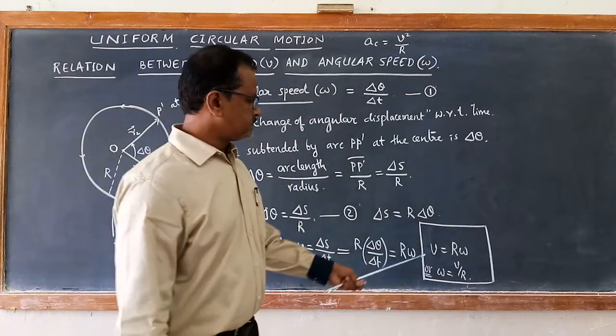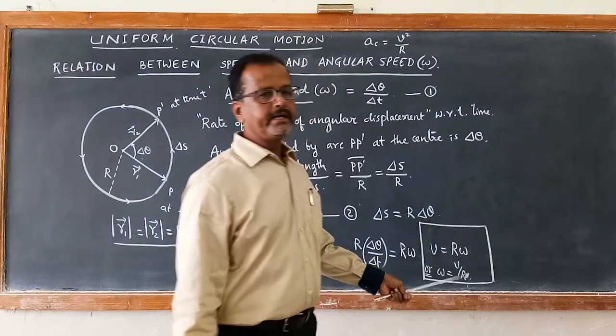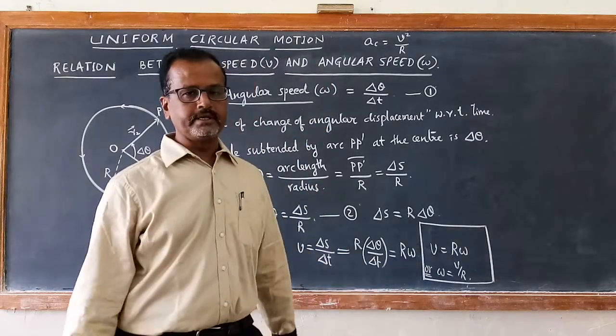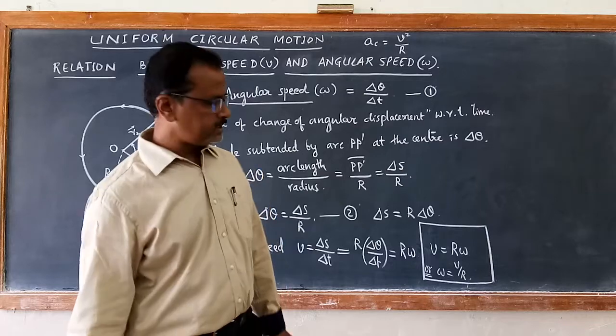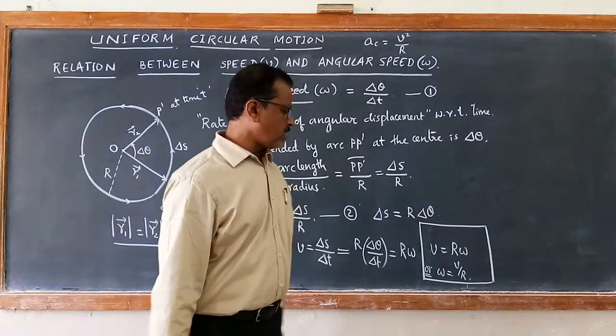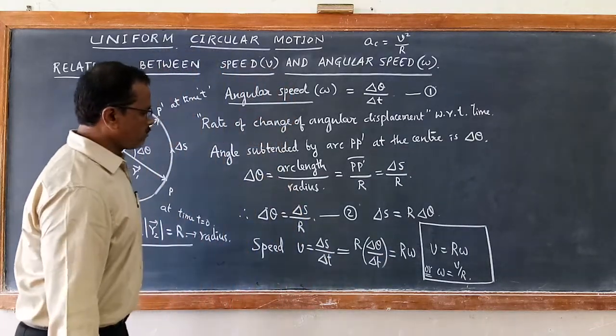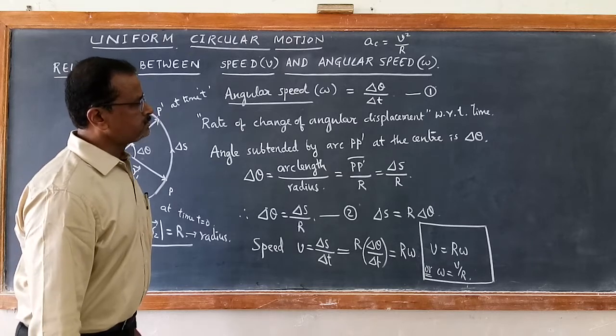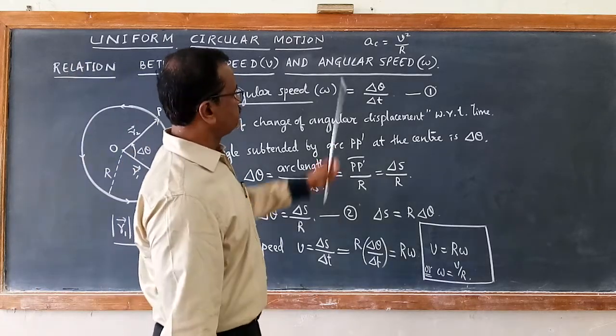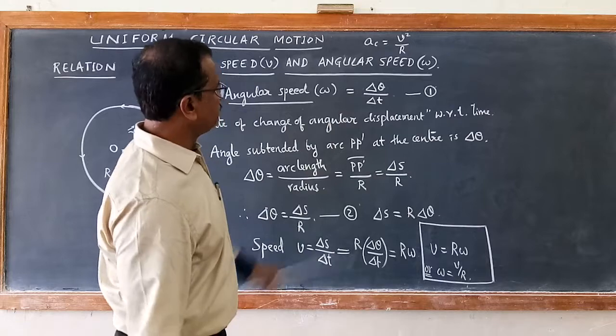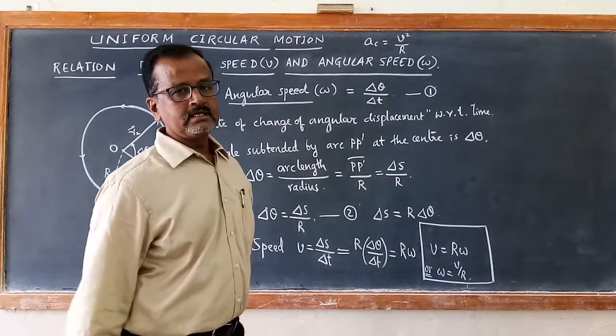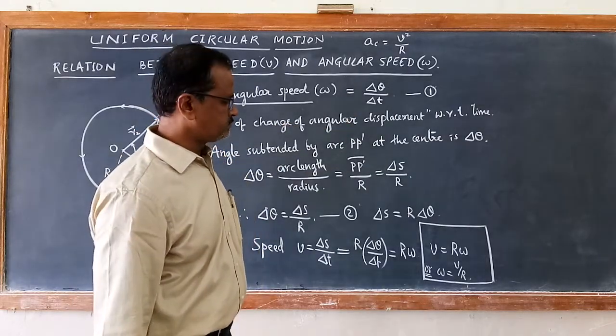This is the relation between linear speed and angular speed, right? So v equal to r omega. Now we are relating this with the important relation, that is centripetal acceleration.